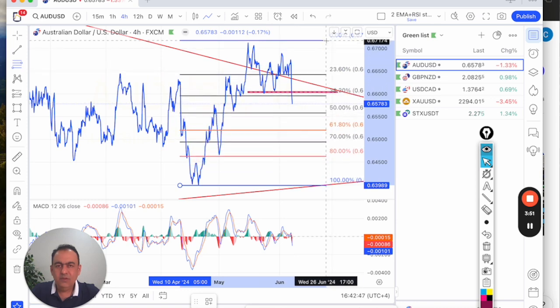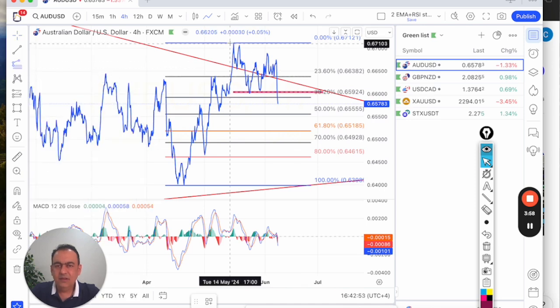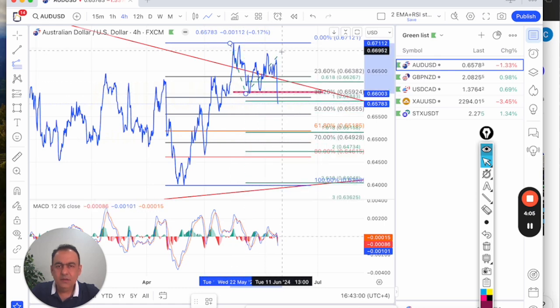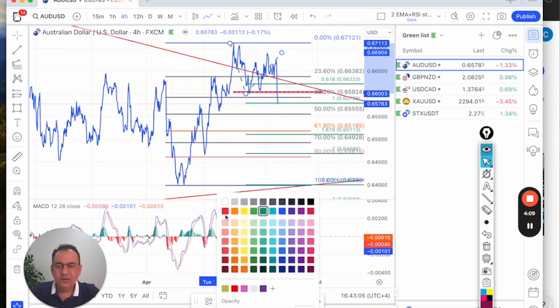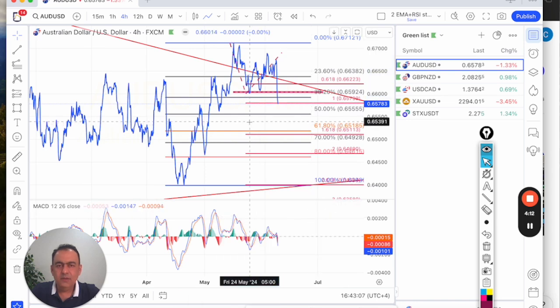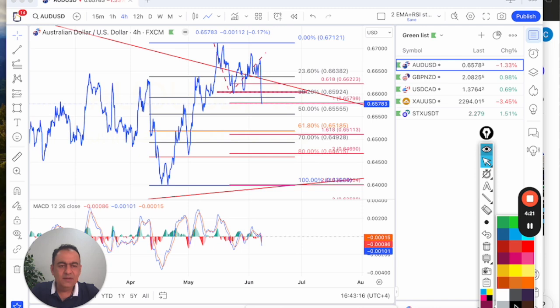So I'm plotting Fib retracement here, and I'll also apply Fibonacci extension in the downward direction, starting from the highest point, joining the first low and the lower high. Now, since it's a bearish extension tool, let's make it red. Based on the bearish Fib extension, currently the price has reached exactly Fib extension 100%.